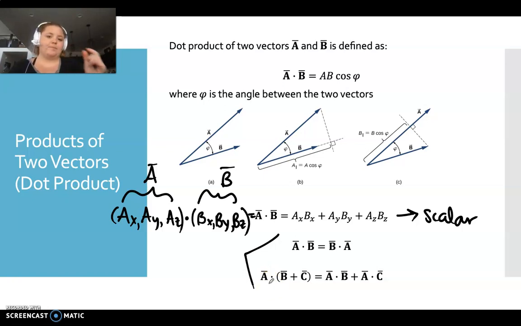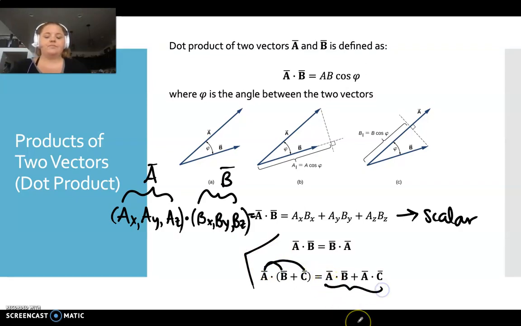You can say A dot B is the same as B dot A. Another thing is this additive property, where if you have two vectors B plus C adding together and you're dotting that with A, you can kind of not quite FOIL, but it's very similar. You do A dot B plus A dot C.